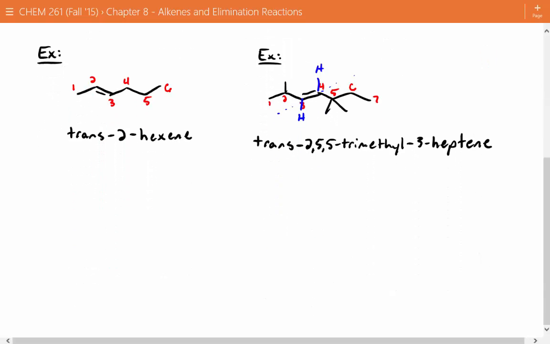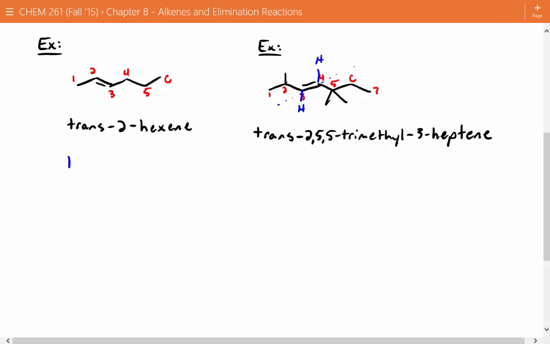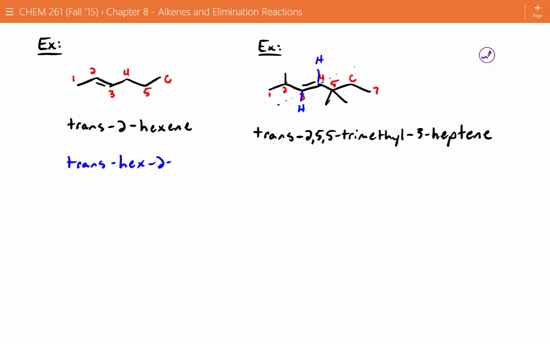One thing you will see occasionally is people writing this using slightly different nomenclature. So another acceptable way of writing this first one would be trans hex 2-ene. So they put the 2 in front of the ene to indicate that's where the double bond's at. IUPAC rules say that's perfectly allowed. You can draw it either way or write it either way. Same with this one.